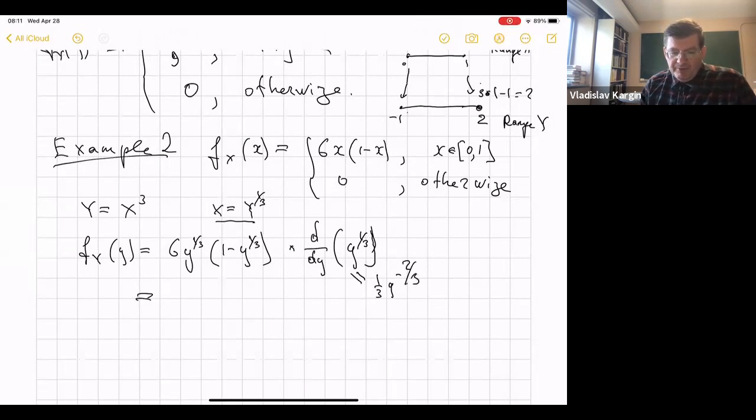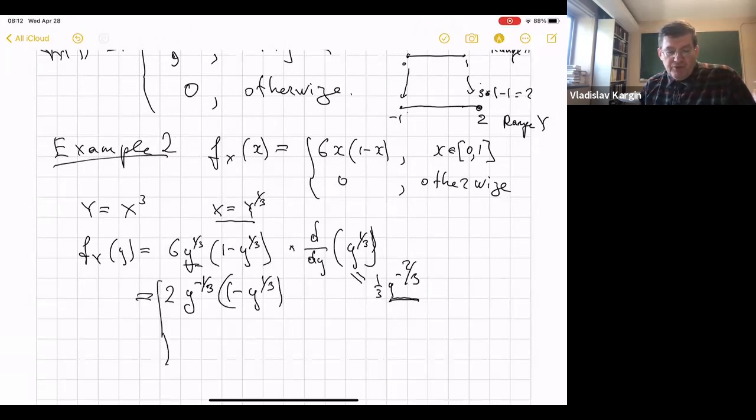And so when we multiply, altogether it will be 6 divided by 3, so 2y to the power of minus 1/3. Because we multiply y to the power of 1/3 by y to the power of minus 2/3, and here's y to the minus 1/3.